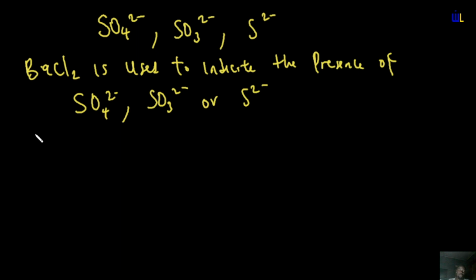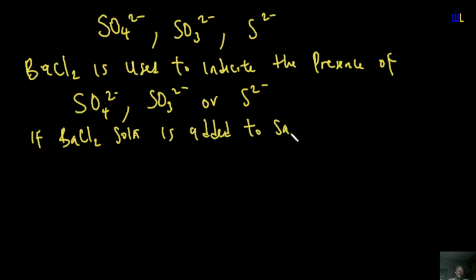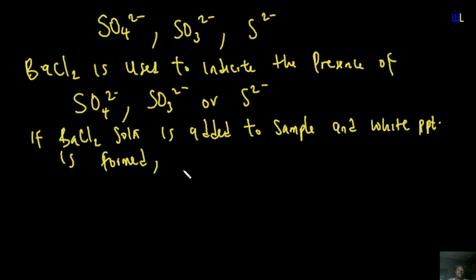So in the test procedure, if BaCl2 solution is added to sample and white precipitate is formed, once you see BaCl2, start suspecting SO4 2 minus, SO3 2 minus, and S2 minus.